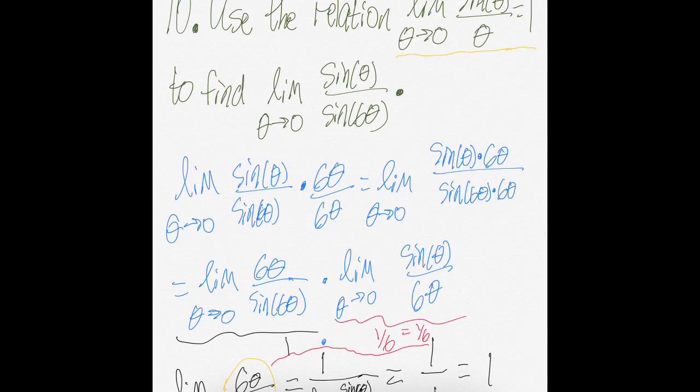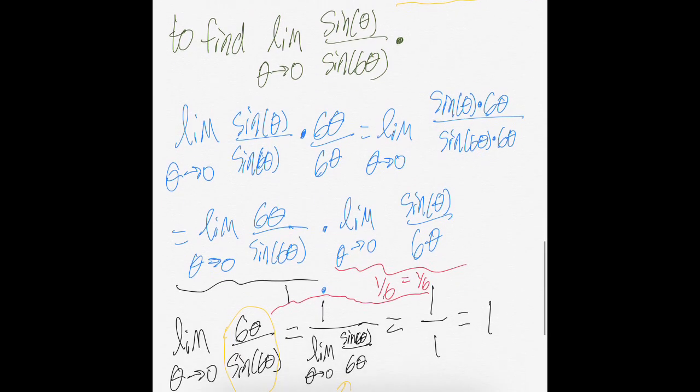Okay, so let's recap. We could not immediately use this relation because we did not have something of the form sine of something over that same something.